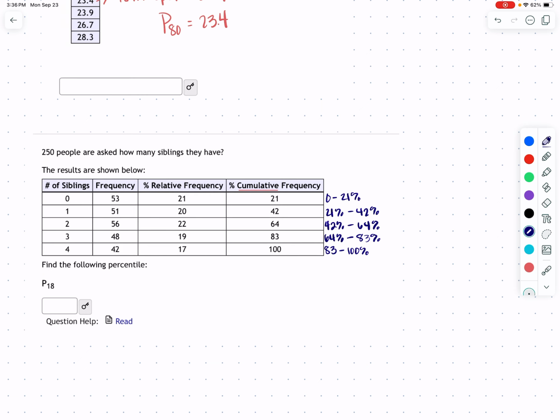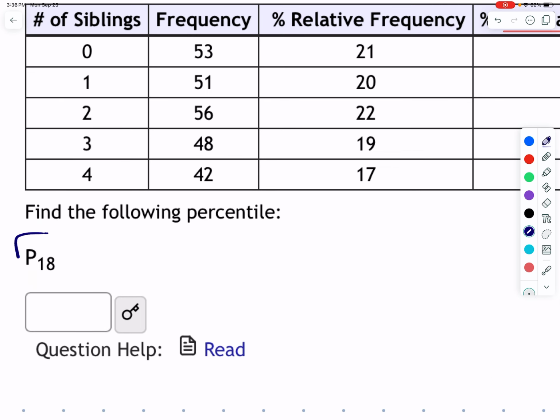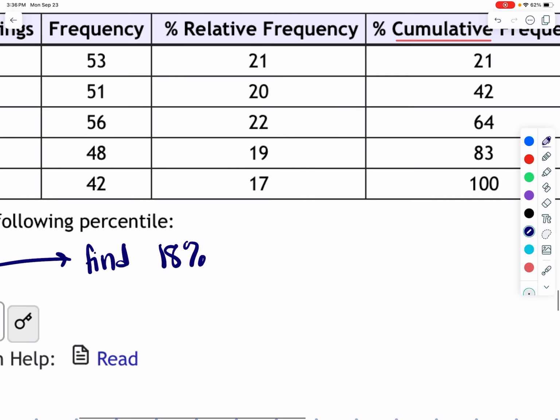So if we want the 18th percentile, we need to find 18% in the cumulative frequencies.